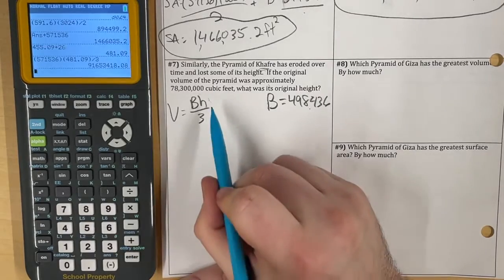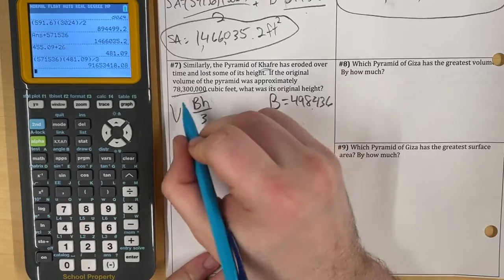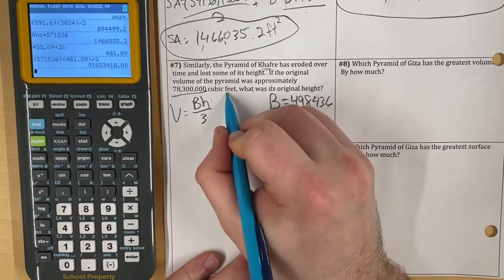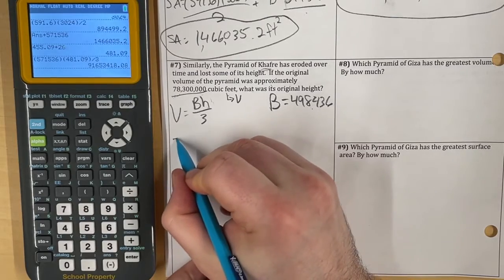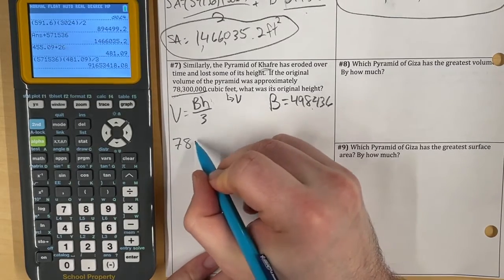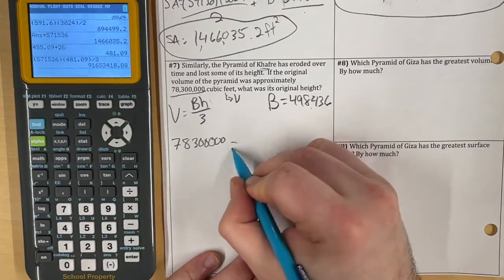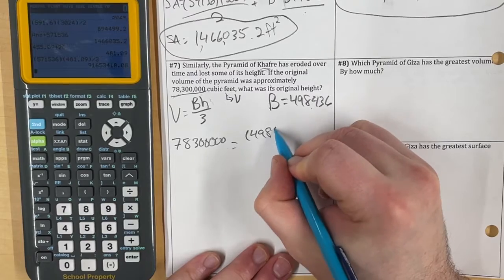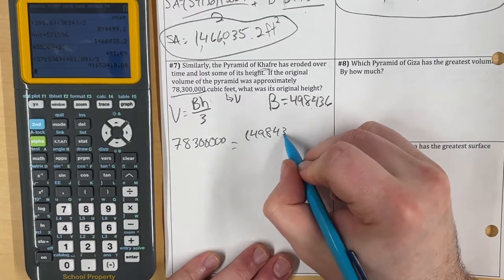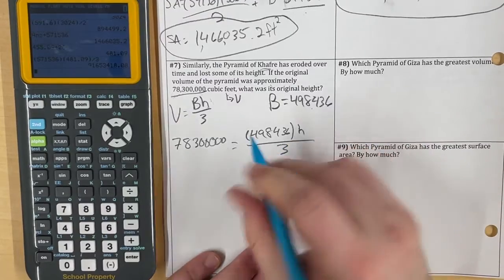So we can leave that B as it is, and we can plug in the values that we have. This cubic feet is going to be our volume since it says third power. So 783,001.23 equals area of the base, 49,843.6, still times h because that's what we're solving for, and divided by 3.